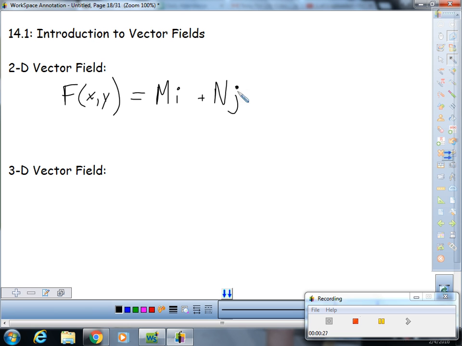So that would be a two-dimensional vector field. Here you've got three independent variables. I think the book uses P. Okay, and that would be a three-dimensional vector field.